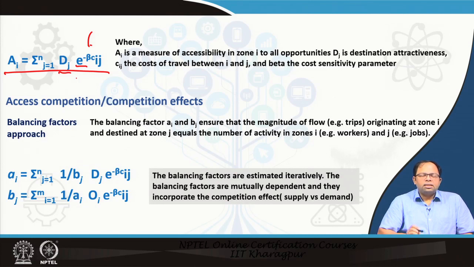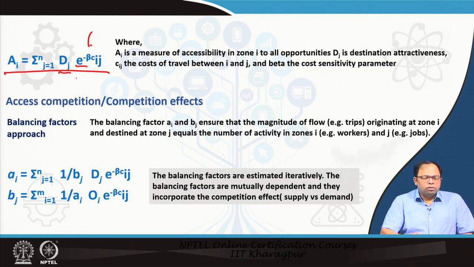Now, in the last lecture we also discussed something called competition effects. That means we have access competition, which basically means that if the demand for a particular opportunity increases in other zones, then automatically the accessibility for the zone that we are measuring decreases. So to determine what effect other zones have, we need a way to balance the total amount of demand and the total amount of opportunity.